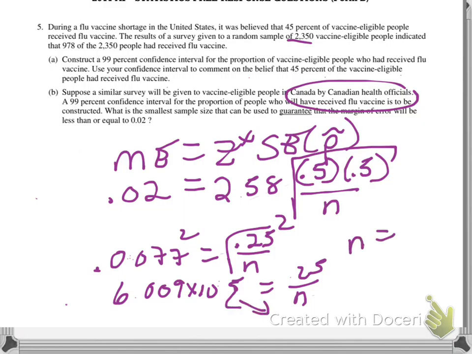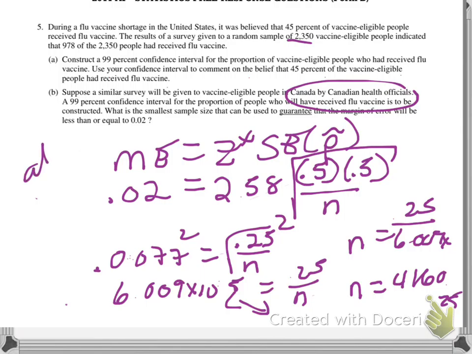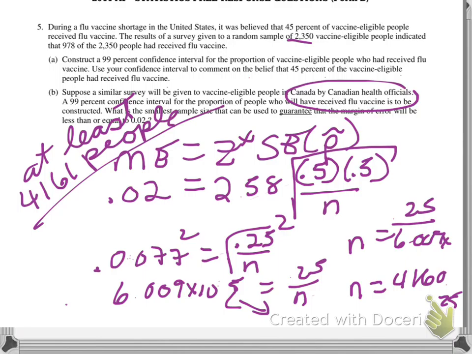So I get n is equal to 0.25 divided by 6.009 times 10 to the negative fifth. So 0.25 divided by my answer. And I get n is equal to 4160.25. So what is it? At least 4161 people. Okay, that's a good question.